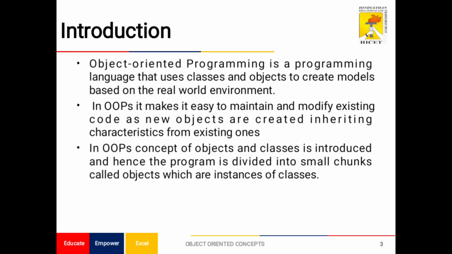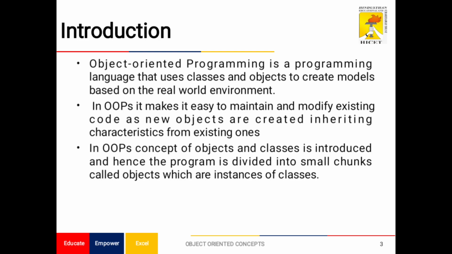Introduction. This slide gives you an introduction to object oriented programming. Normally, object oriented programming uses classes and objects. In C and C++ we don't have objects to create, to access, or to call, but in Java programming, which is object oriented, we have the opportunity to create objects to build models based on the real world environment.